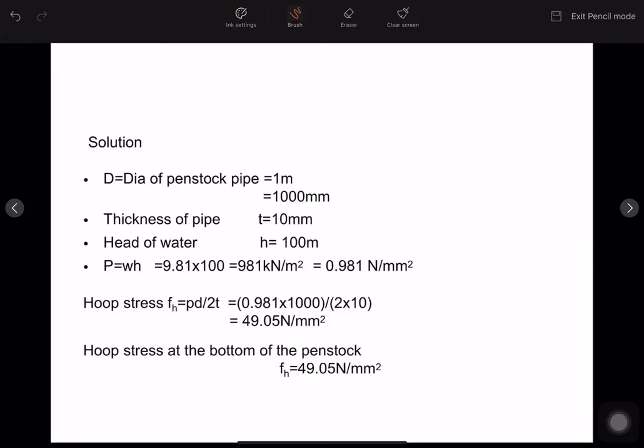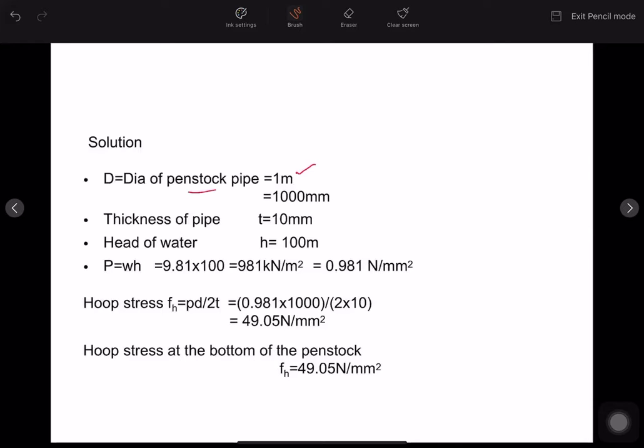So if we solve this, diameter is given as 1 meter, and here I have converted everything into mm. It's your choice. If you want to convert into mm, it is well and good, or if you want to substitute into meter only, that is also correct.